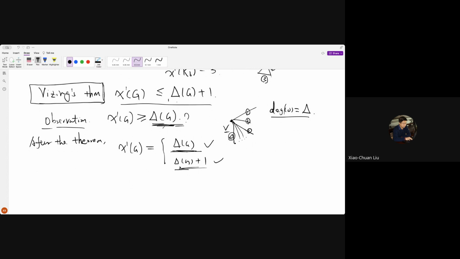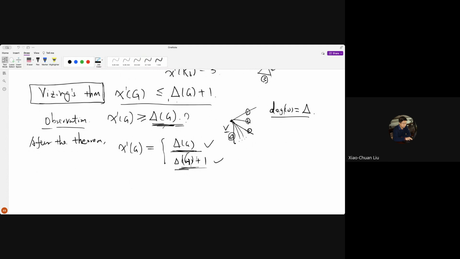There are only 2 options. So it makes the problem of chromatic index in some sense extremely simpler than chromatic number, because if you are satisfied with 2 numbers, that's it. It has to be one of the 2 numbers.